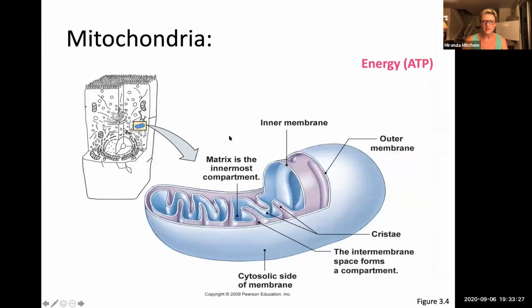All right, so now let's remind ourselves about the mitochondria. The mitochondria is all about energy. And when we talk about energy, we need to think about ATP. The mitochondria has two membranes. It's got an outer membrane, and then it's got an inner membrane. What that does, very important, is it creates a compartment within the mitochondria.